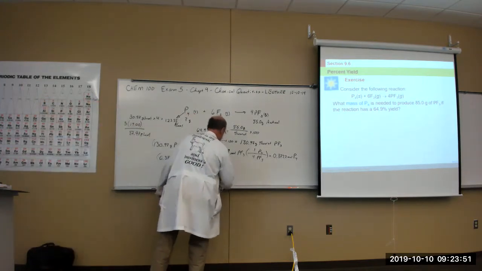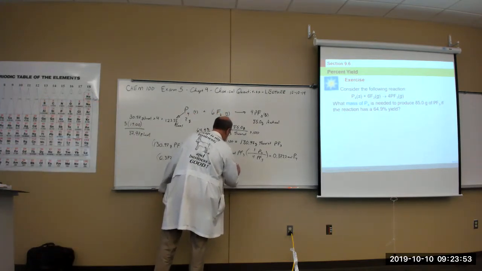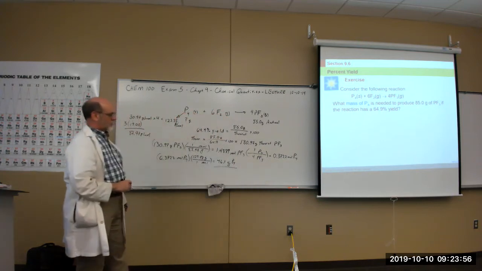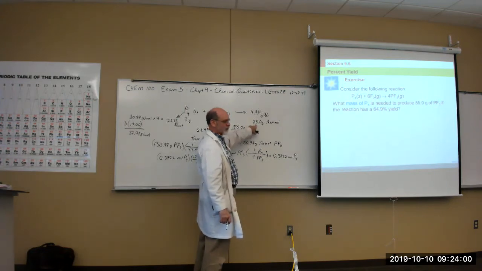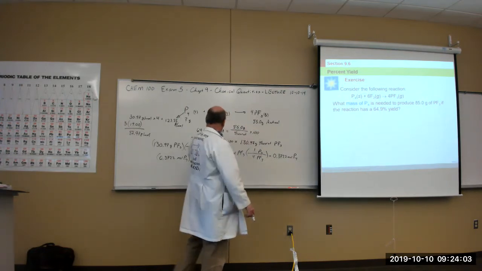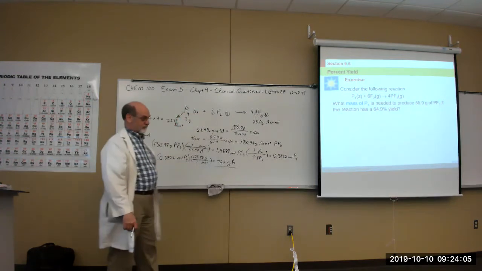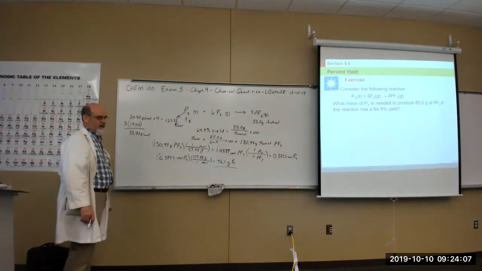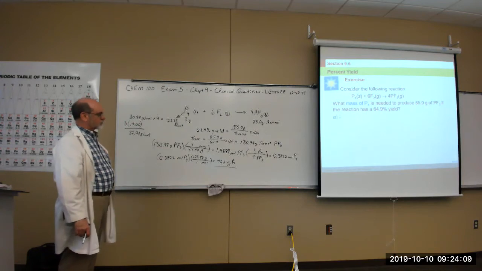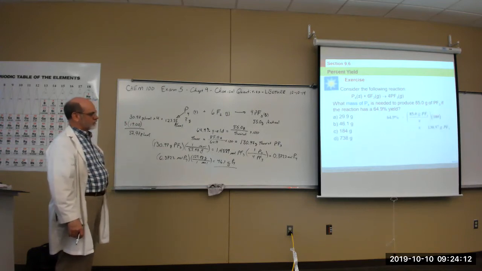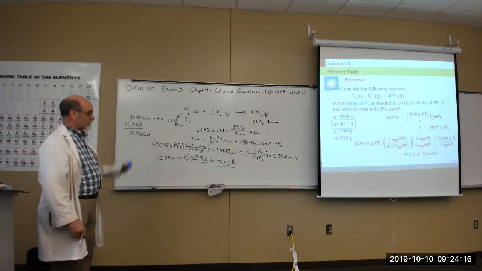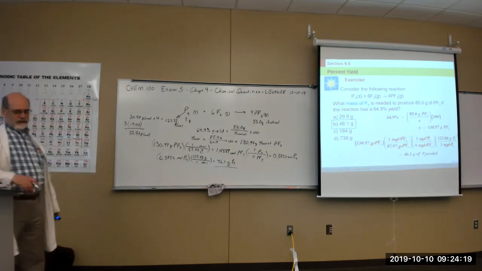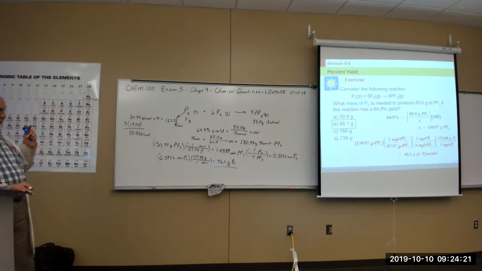So that is how many grams of P4 you need to start with to give you this many grams of PF3 with that efficiency. Okay, so you need a lot more than you would expect. And there's all the calculations. That's what's required in order to get the actual amount of PF3 that you desire.